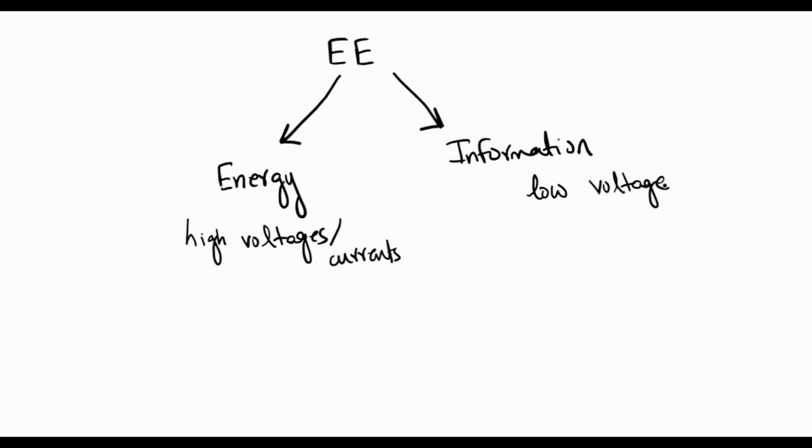So voltages of the order of 1 volt and currents in milliamperes, while here for the energy aspect we might be talking about an 11 kV overhead line or currents in the order of amperes. Now, for information, the biggest utilizer of information is communication.